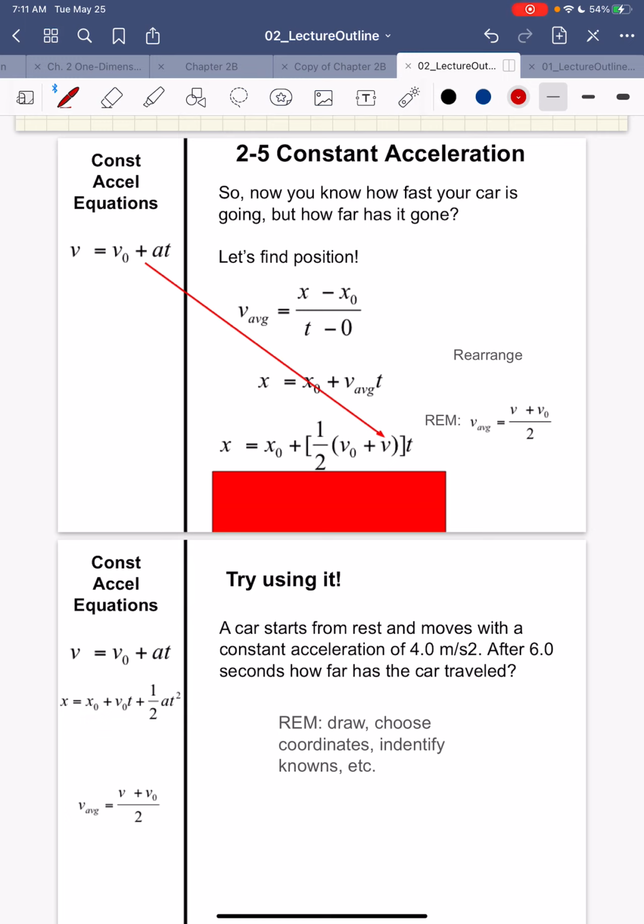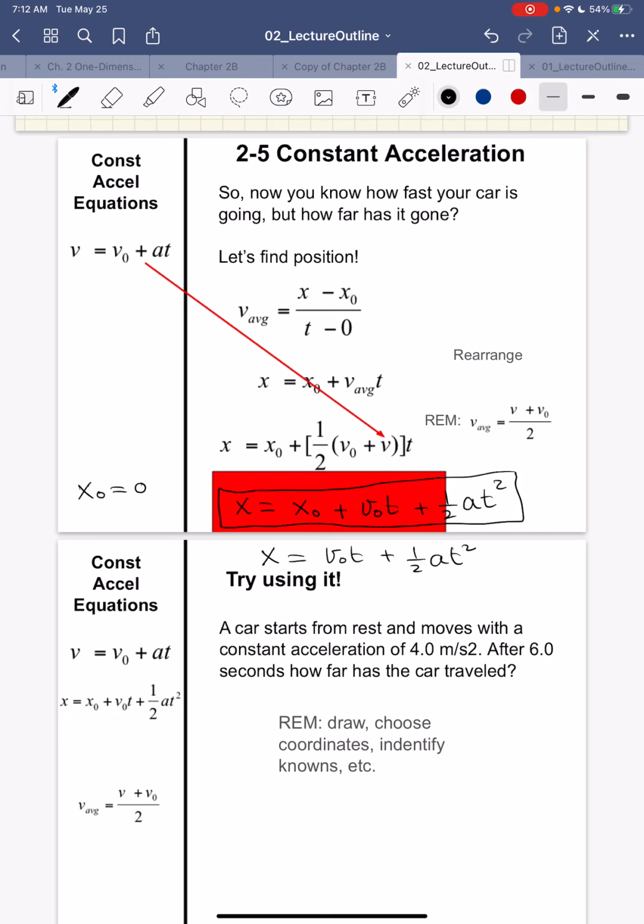Using this equation, let me write this here: x equals x0 plus V0t plus 1/2 AT squared. This is my second equation. Now there are many occasions where you're going to have your x0 equals 0, or you can use your coordinates so that this is the case, and then this is the second equation that we have.